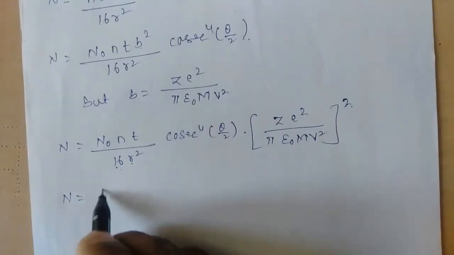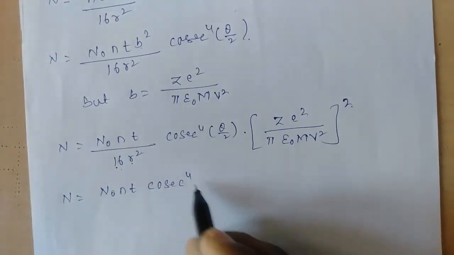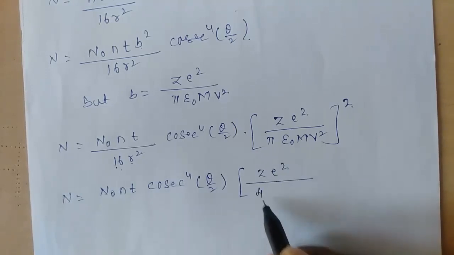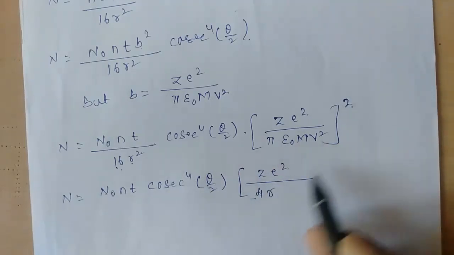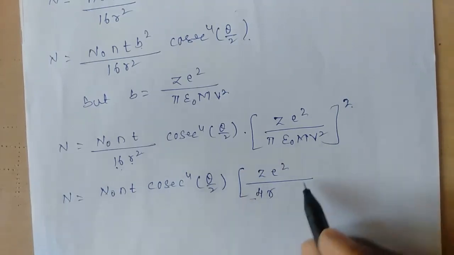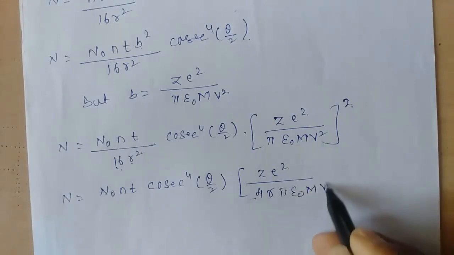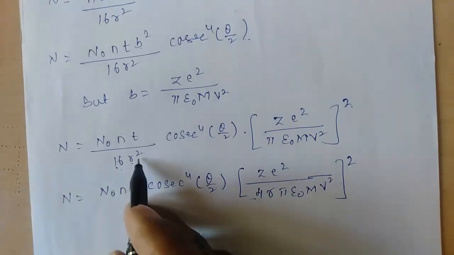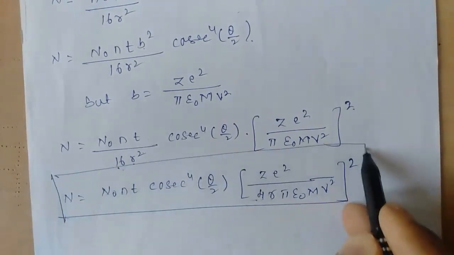Therefore n is equal to n naught into n into t into cosecant to the power of 4 into theta by 2 into z e square divided by 4 pi epsilon naught m into v square, whole square. Since we have the square here, 4 square is 16, and r squared again gives r square. You can take it outside or keep it as it is, no problem. So if you square this equation, you will be getting this equation. This equation is what we call the Rutherford scattering formula.